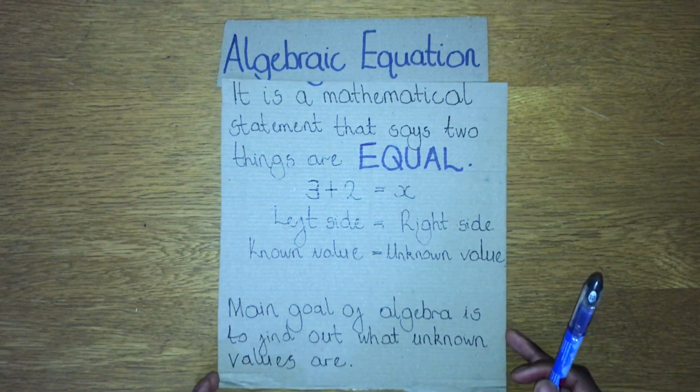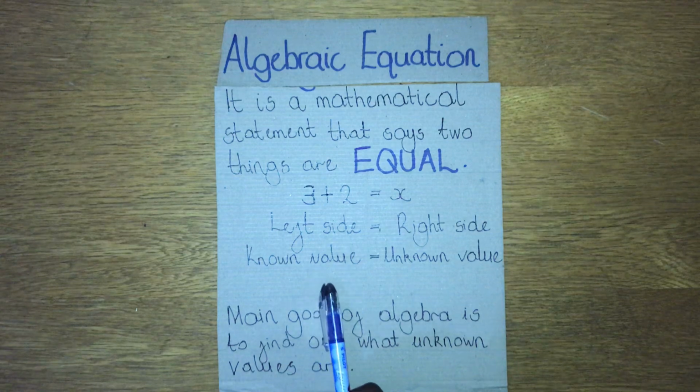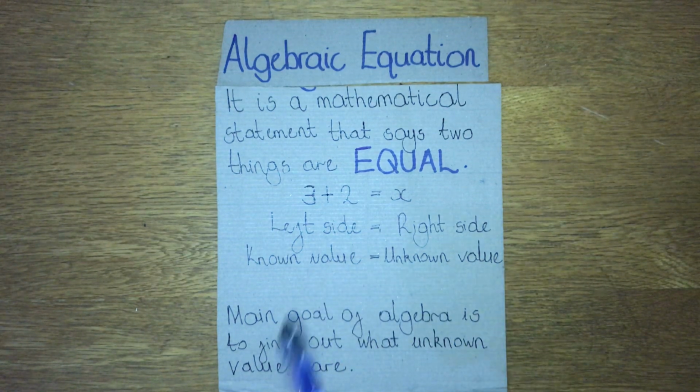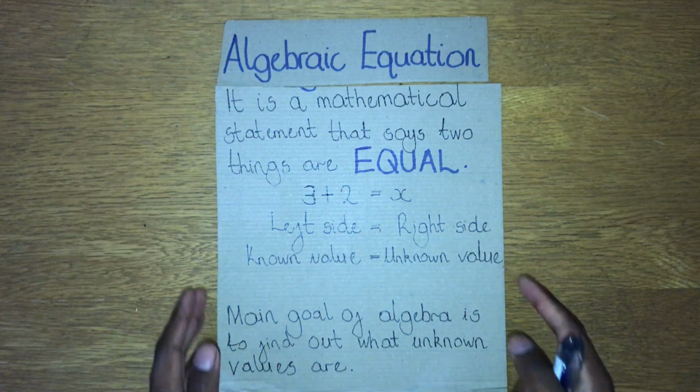So, to sum it up, the known value is equal to the unknown value. So 3 plus 2, which is 5, is indeed equal to x. The main goal of algebra is to find out what unknown values stand for.